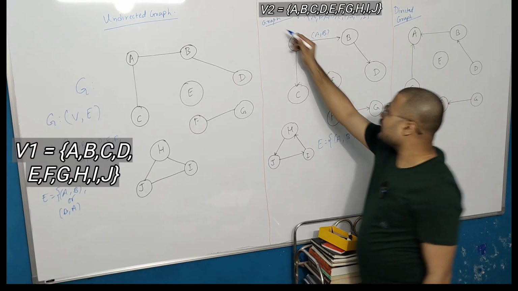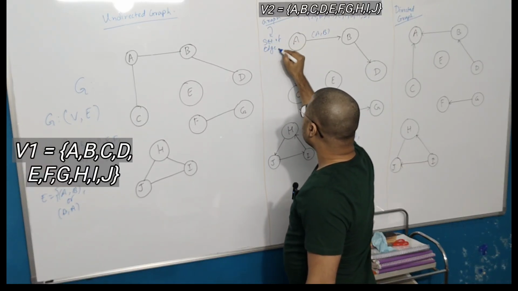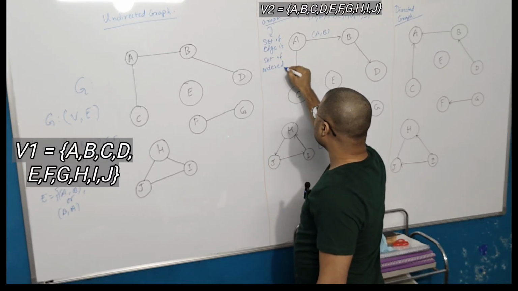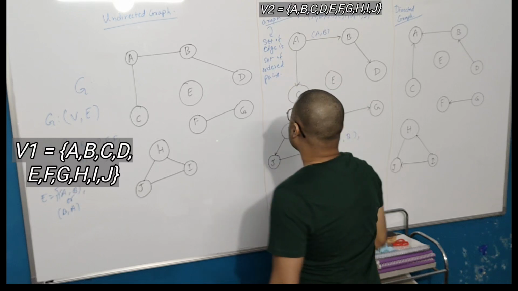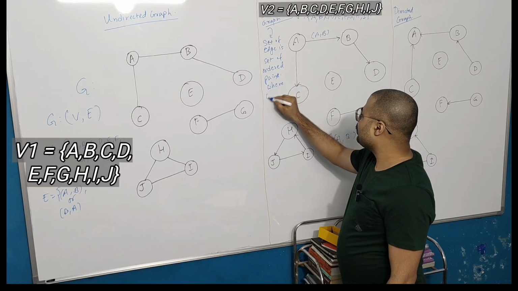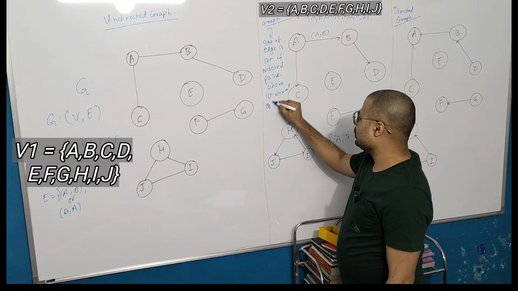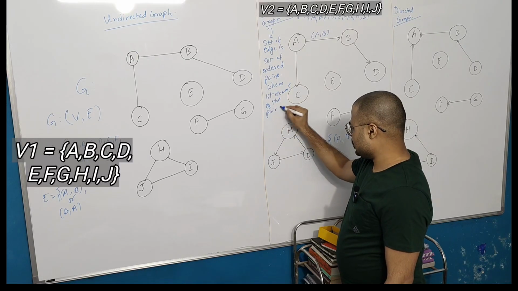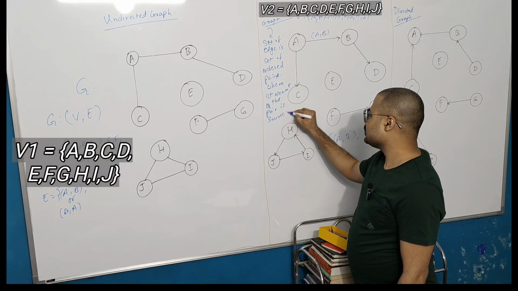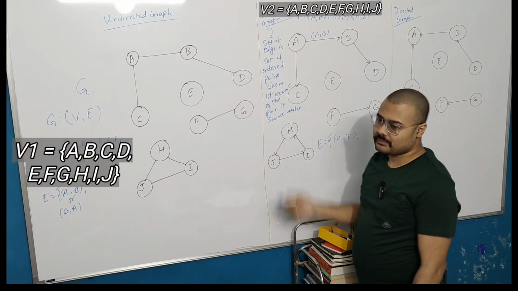So in case of a directed graph, the set of edges is a set of ordered pairs, where the first element of the pair is the source vertex and the second element is the destination vertex.